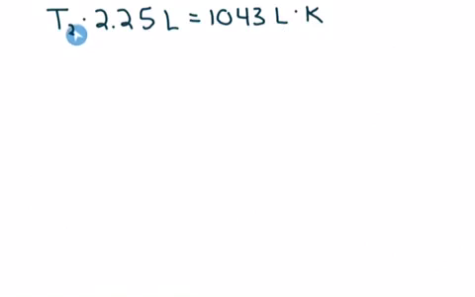I can see that I'm multiplying the temperature by 2.25, so I have to do the opposite operation, which is dividing, to solve for T2. So I divide this by 2.25 liters, and whatever you do to one side, you have to do to the other, so I divide the other side by 2.25 liters.